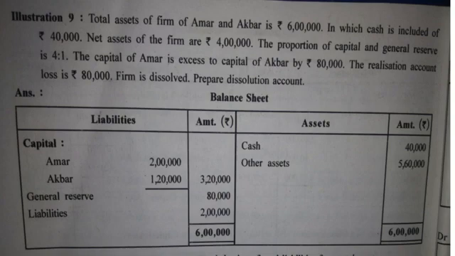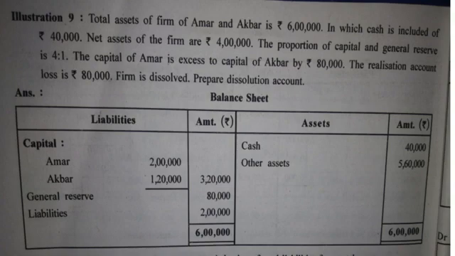They say the total assets of the firm of Amar and Akbar are 6 lakh and the cash is 40,000 in it. So what are the remaining assets? It is 5,60,000.